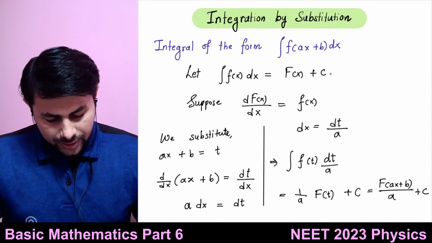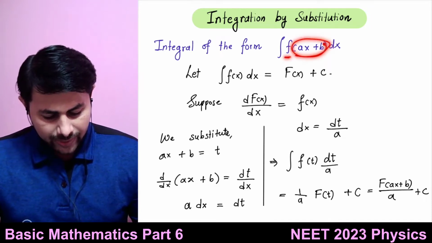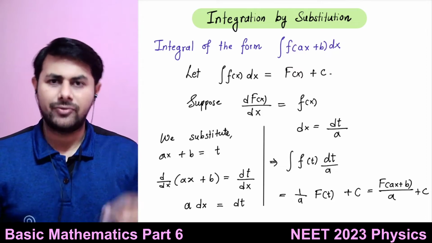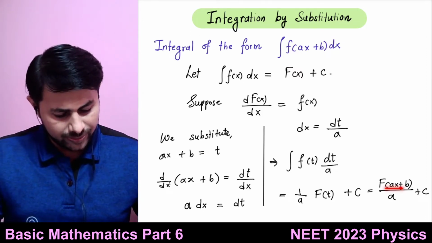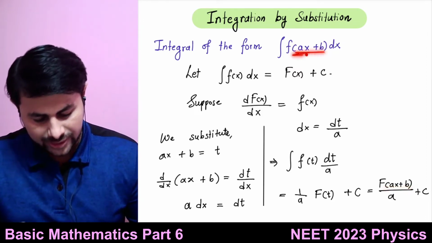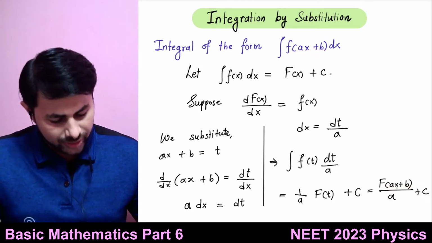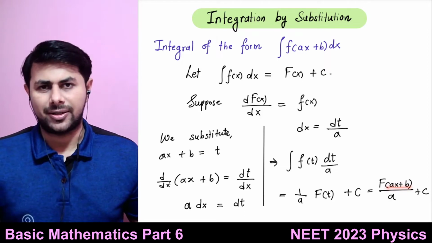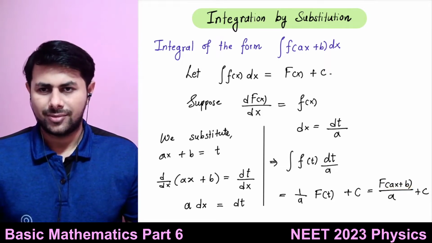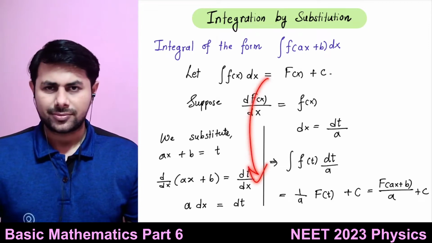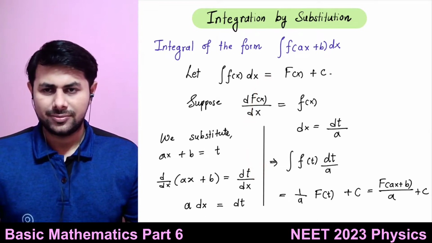So small f is a function of this thing, so you will write its integral, which is capital F, as a function of the same thing which is there inside the bracket, and then you will divide it by the derivative of the bracket. That's a shortcut. No need to do all of this.